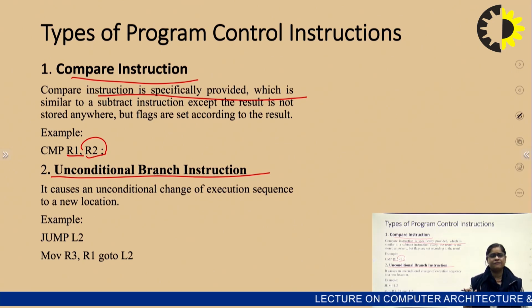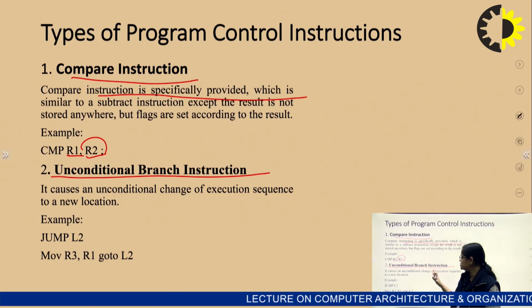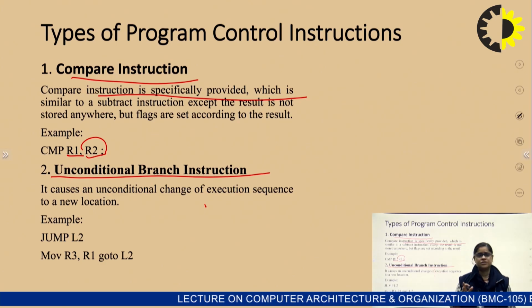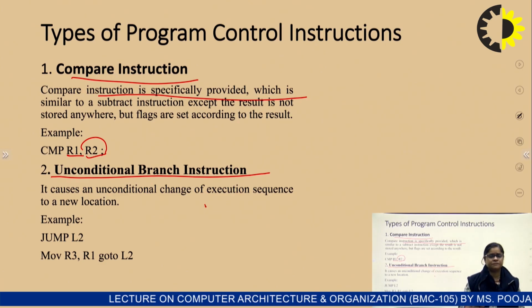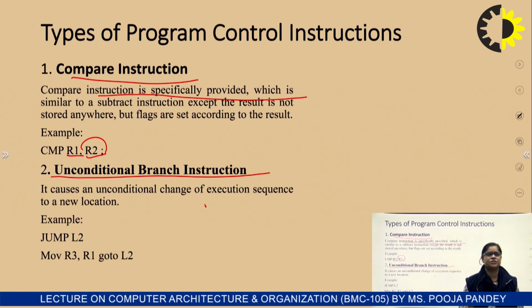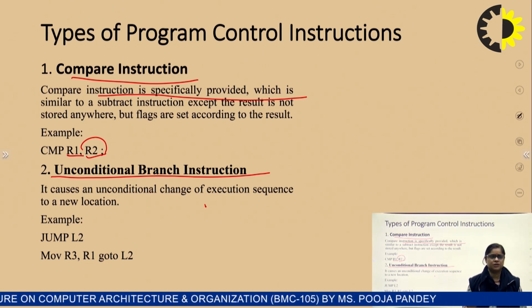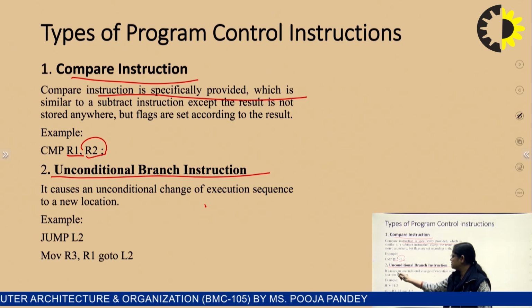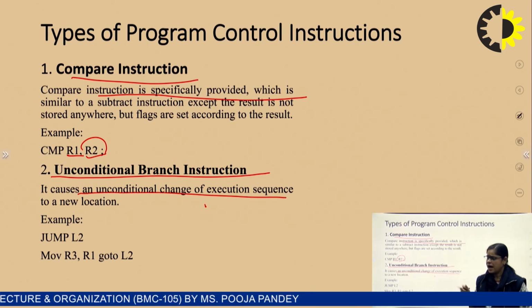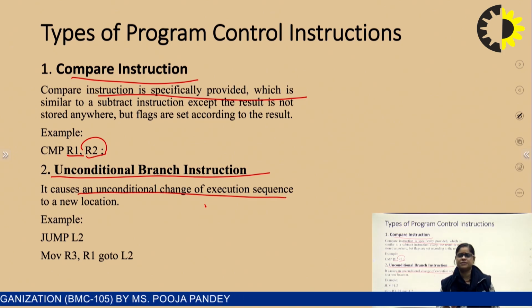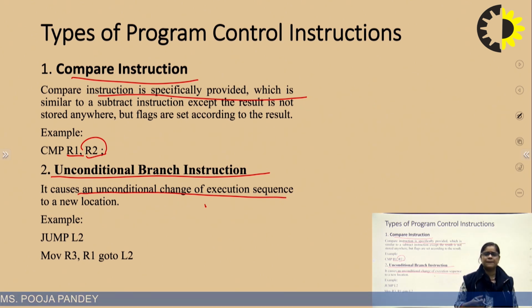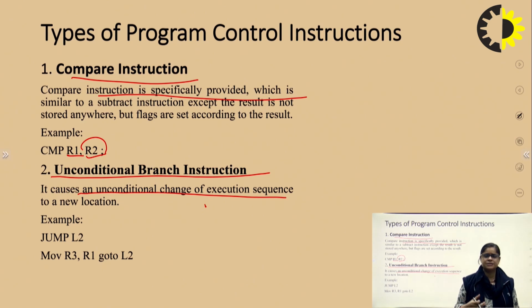From that we have taken that there is an unconditional branch instruction, which normally causes an unconditional change of the execution sequence to a new location. It means that if some condition is not favorable, it is simply executing that sequence at the new location, right?